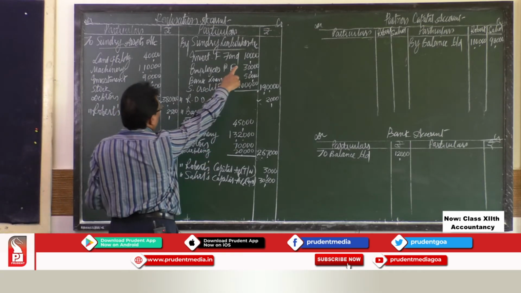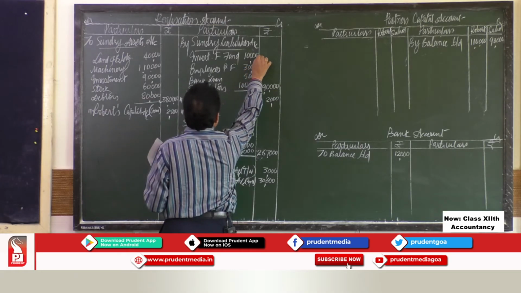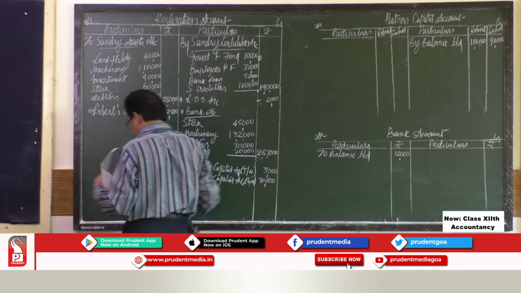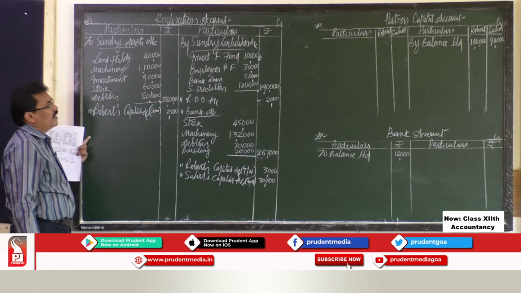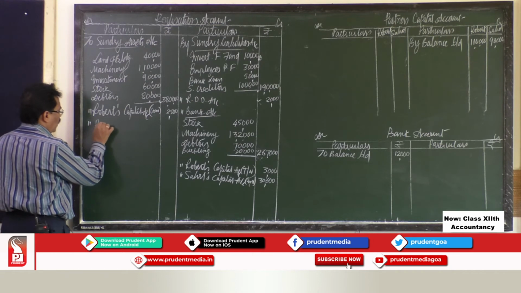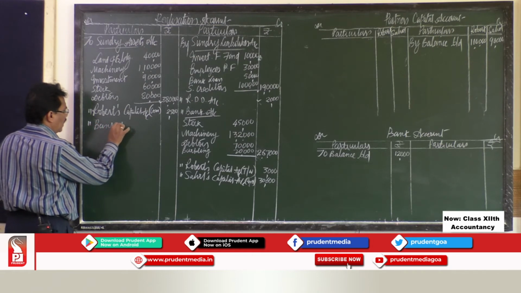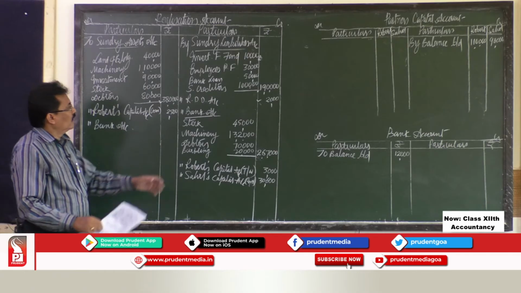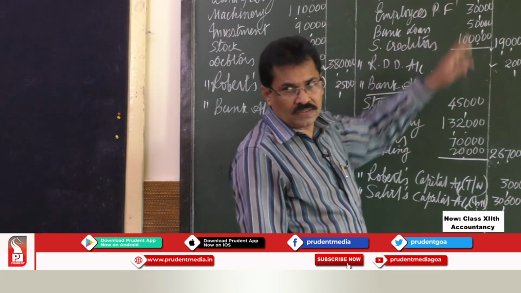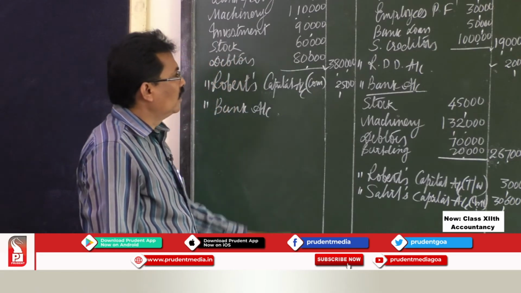So this we need not pay. Employee Provident Fund, no information is given in the problem about Employee Provident Fund. So we have to assume that this money is to be paid. The firm was supposed to pay 30,000 to the employees towards their provident fund.